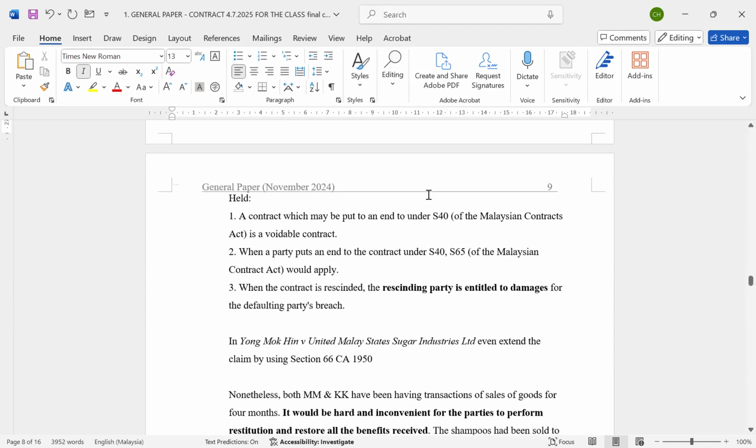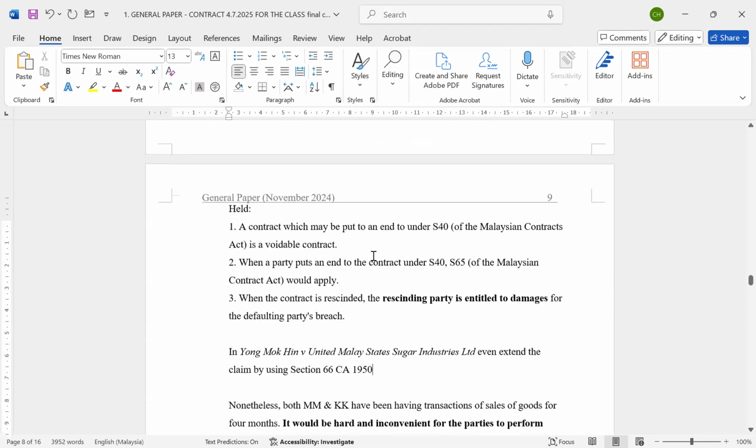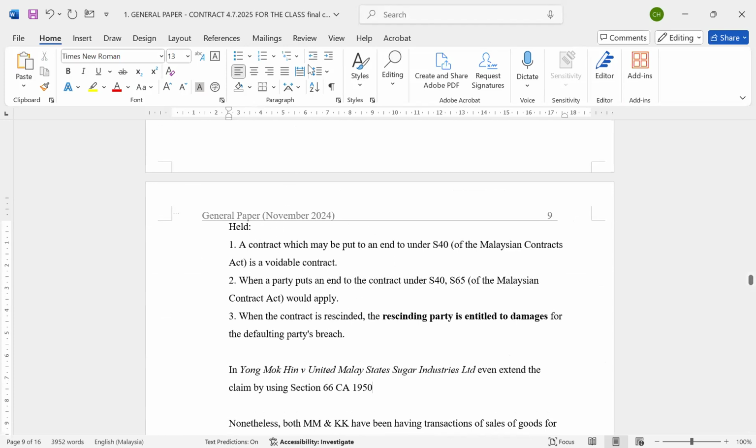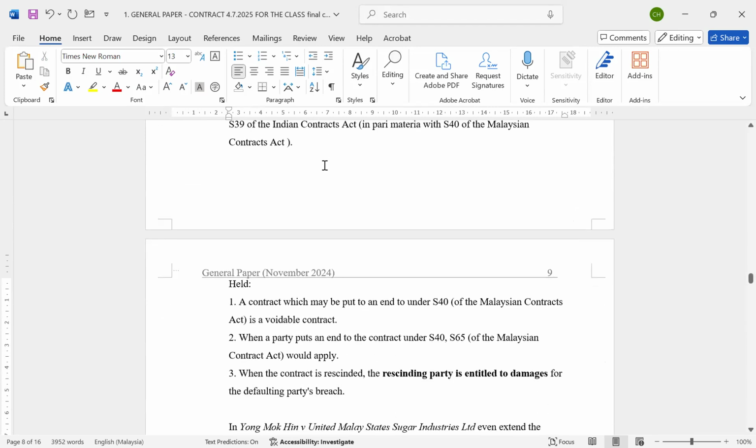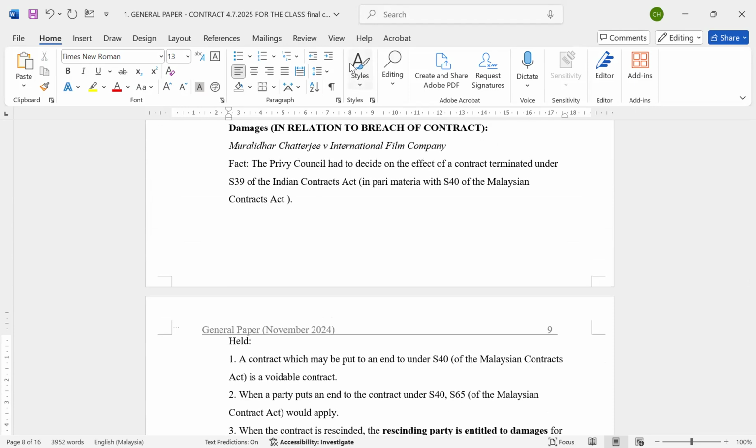That's why sometimes you have read some textbooks that mention Yong Mok Heng and all that. Actually, the original position is provided by one Indian case, for breach of contract.